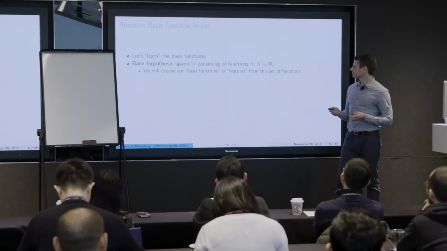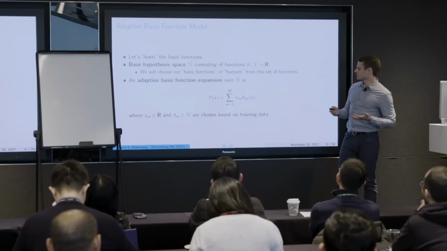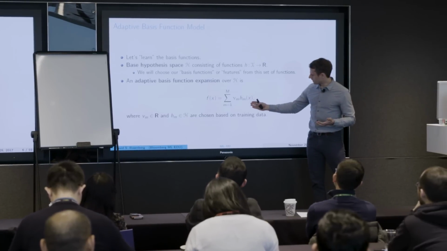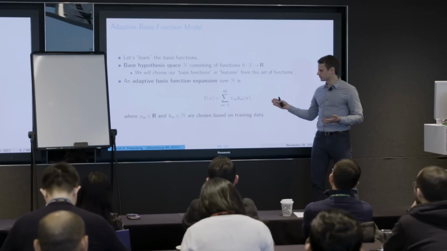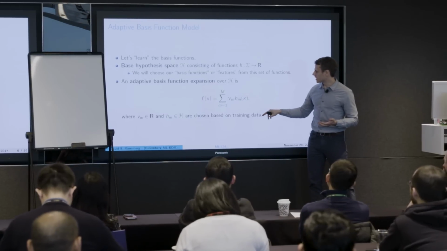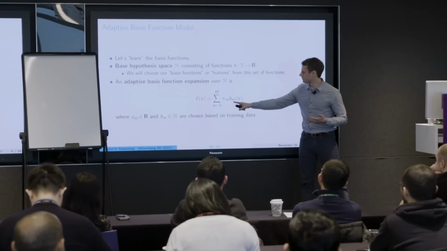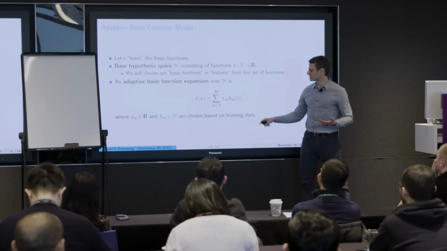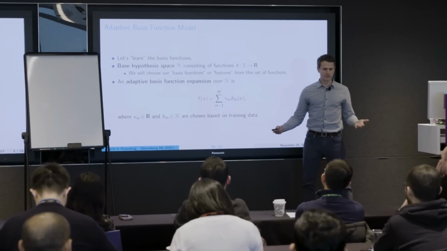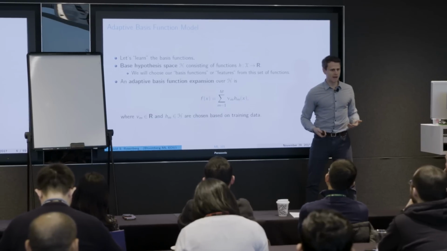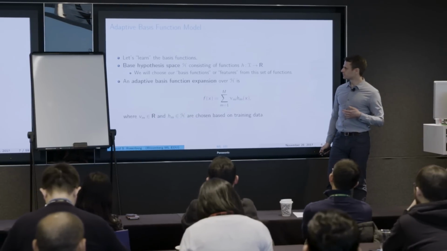All right? So in that case, we will end up with still something of this form, a linear combination of feature functions, h_m. But now, both v_m, the coefficients, and h_m, the feature functions, the basis functions, will be chosen adaptively using the training data. Okay?